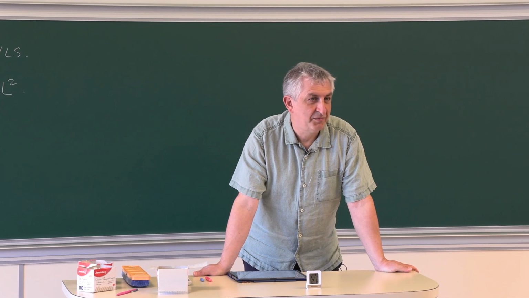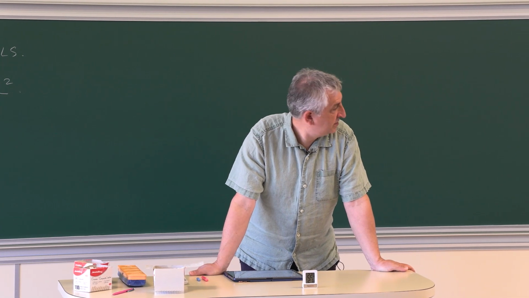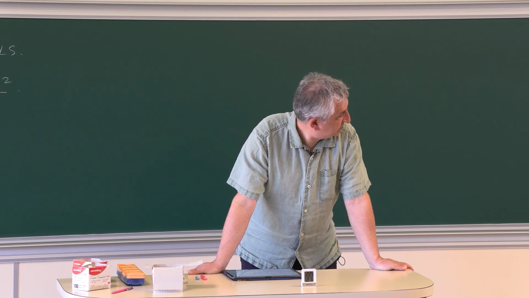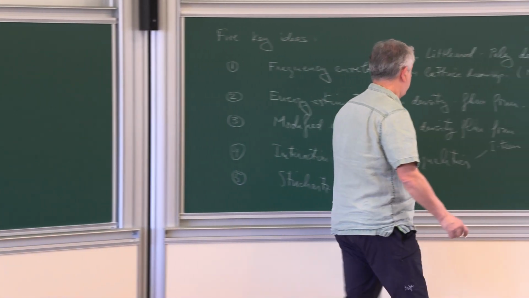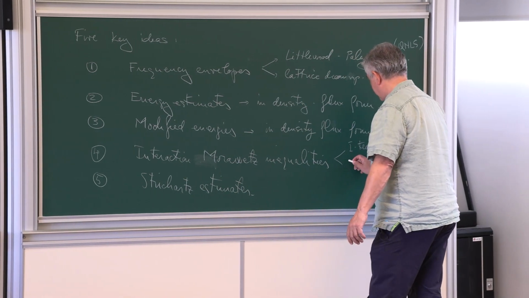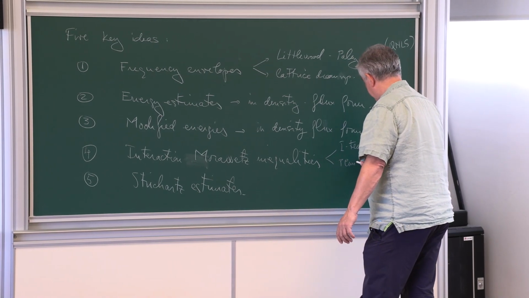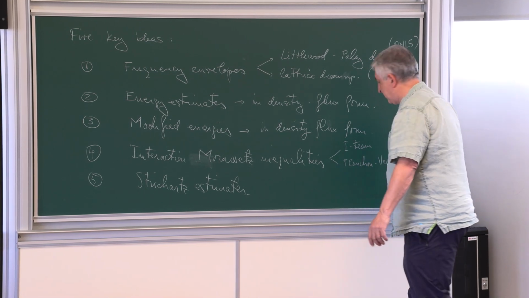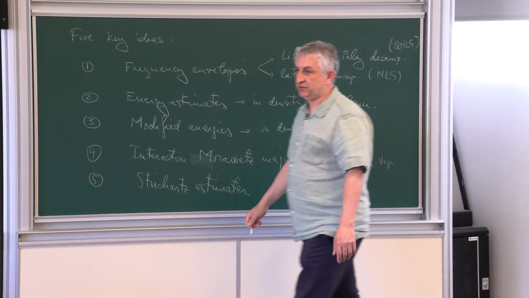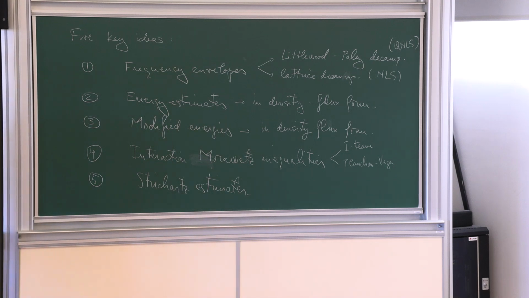And in dimension 2, maybe I'll say a word why later. Instead, there was another version of the interaction Morawetz due to Planchon and Vega that we found to be closer to what we needed.